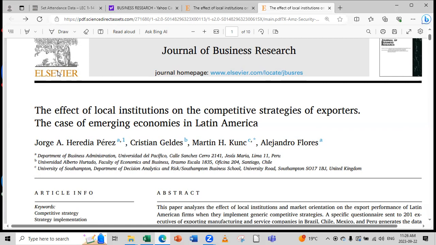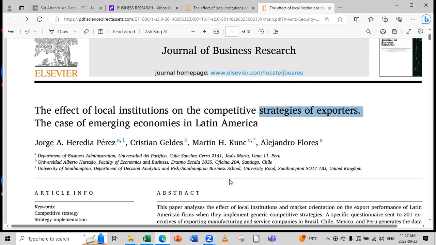Okay. Here also, see the effect of local institutions on competitive strategies of exporters. Look at this. The local institutions are the ones who will affect the strategies of the exporters. Again, the local institutions will affect the strategies which the exporters use, but this is in Latin America.